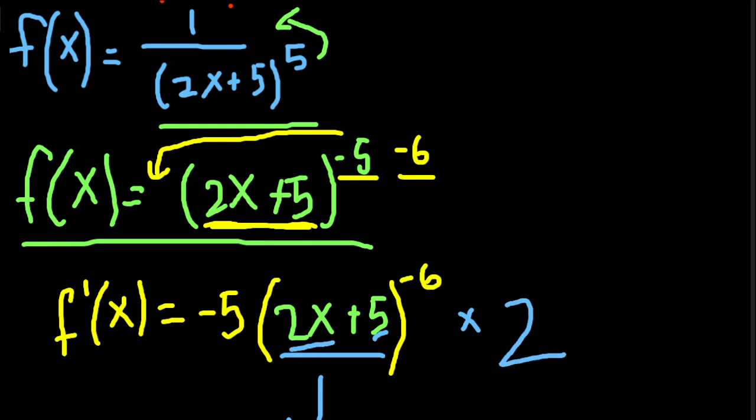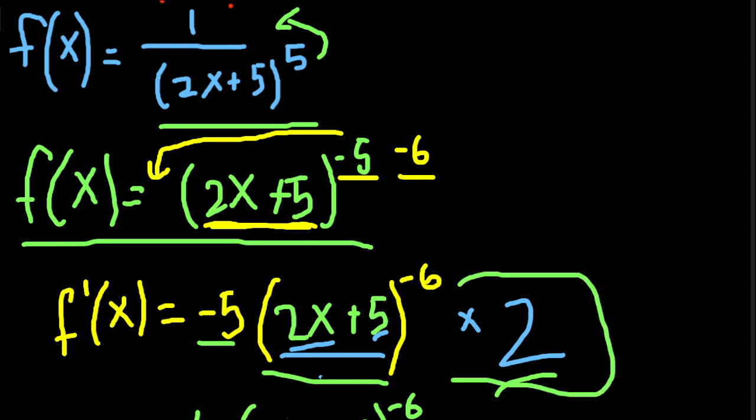So we just multiply 2 to the end of this. If you want to write the answer, let me erase this. You multiply the minus 5 and the 2, so you get minus 10, and then 2x plus 5 to the minus 6. And this is the chain rule. The only difference really is you have to multiply by the derivative of the inside. Everything else is the same as the power rule.